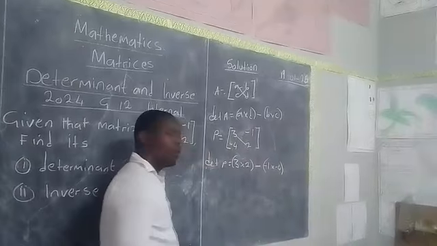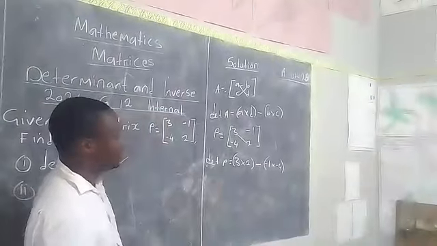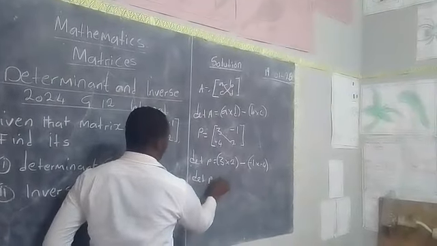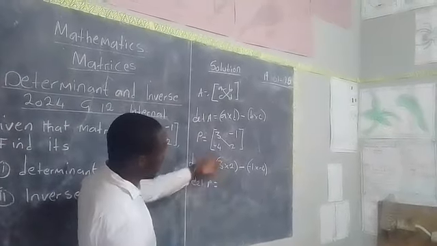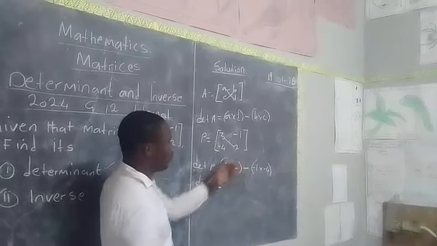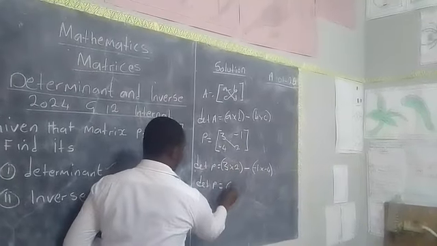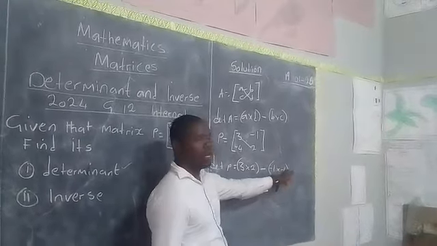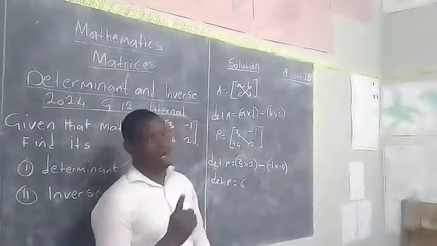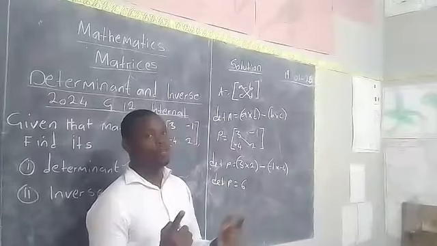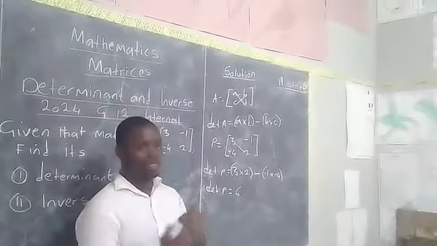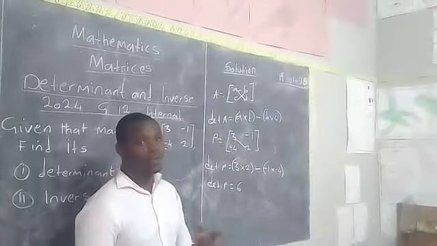So what will be the answer in that case? The determinant of P is equivalent to, let's multiply: 3 times 2, you're going to get 6. Then negative 1 times negative 4. Remember that negative times negative is positive. If you multiply two similar signs, you get the answer positive.